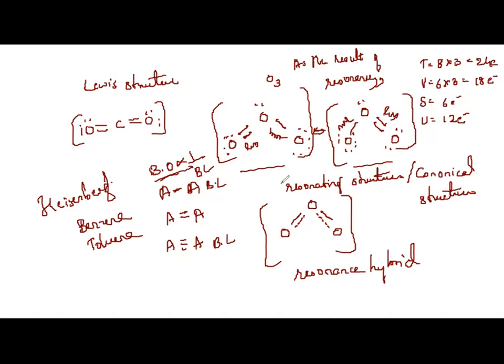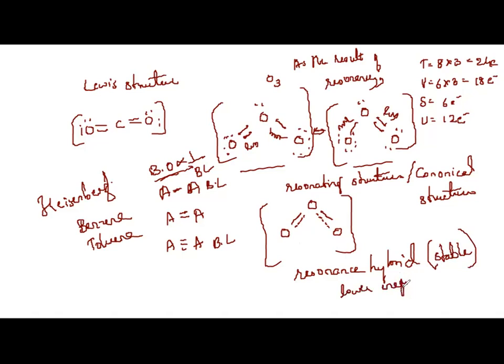Okay. Next point I want to say is about the resonance hybrid. The actual structure is the resonance hybrid, I said. Why did I say this is the actual structure? Might be it is very stable. Yes or no? In chemistry, whatever we speak about exists because of its stability, and a compound becomes stable when it has lower energy.